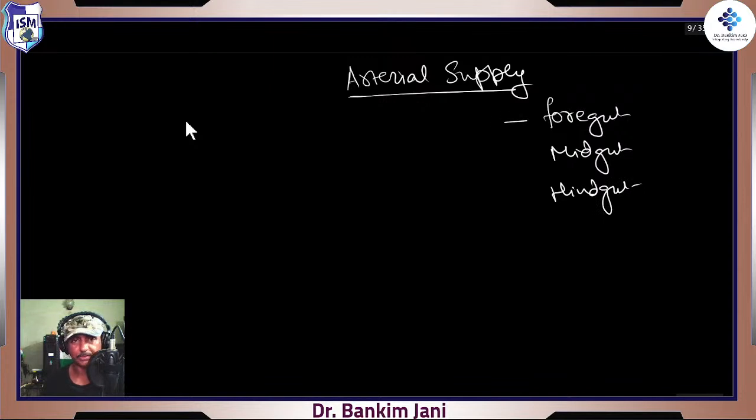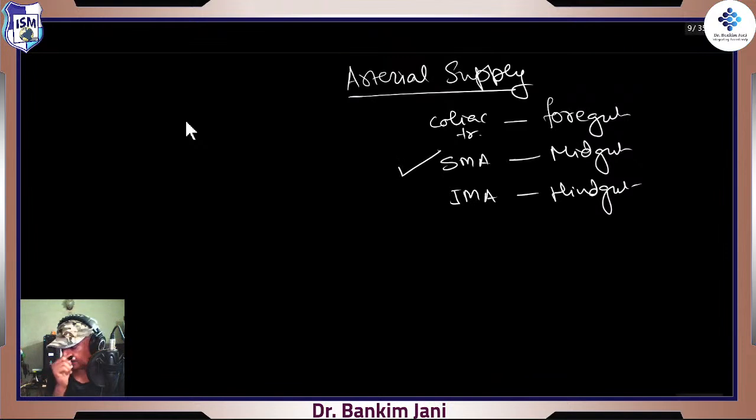For the foregut it is the celiac trunk, for the midgut it is the superior mesenteric artery, and here it would be the inferior mesenteric artery. As we are talking about the small intestine, most of the part is midgut, so the superior mesenteric artery is the candidate who will be supplying. So that is how it goes.